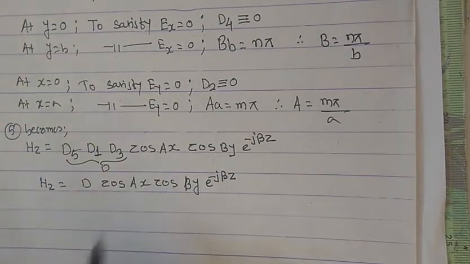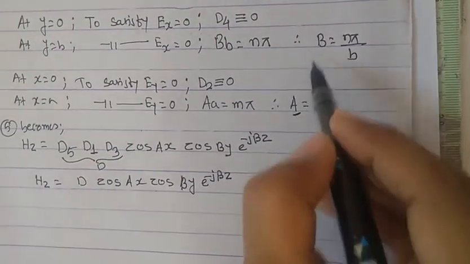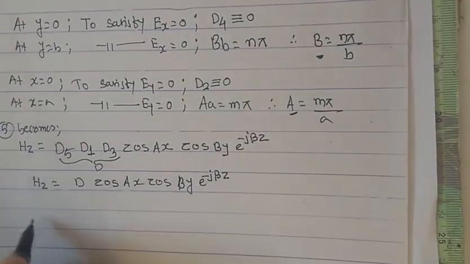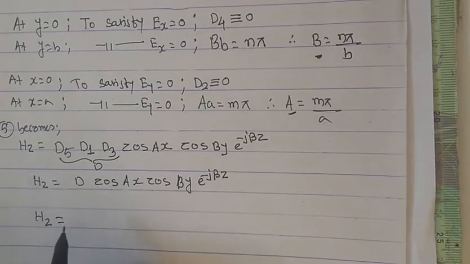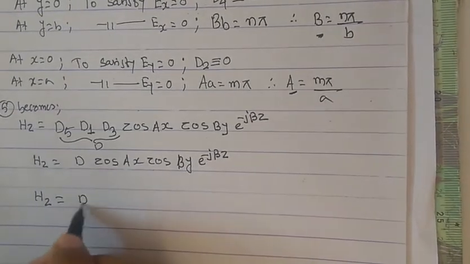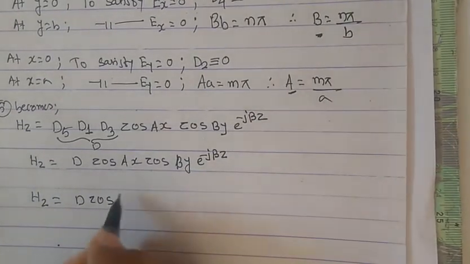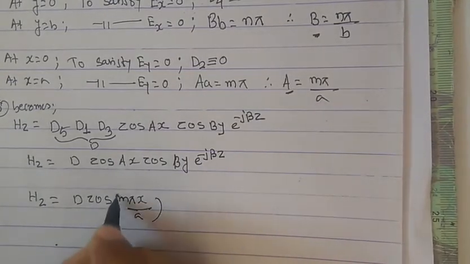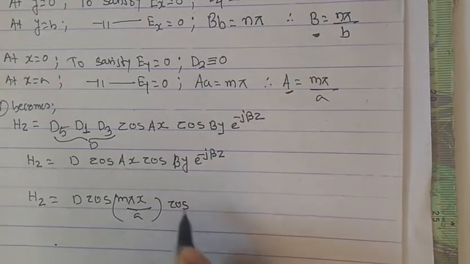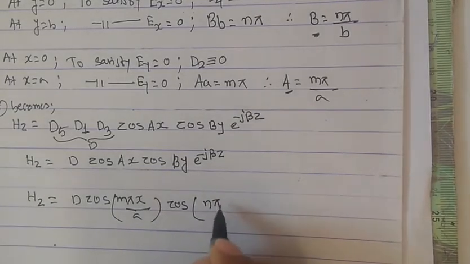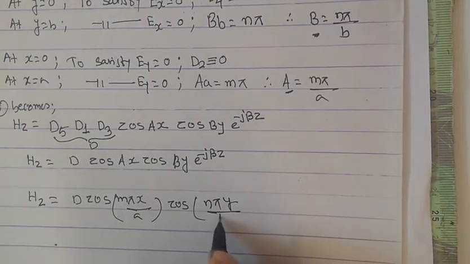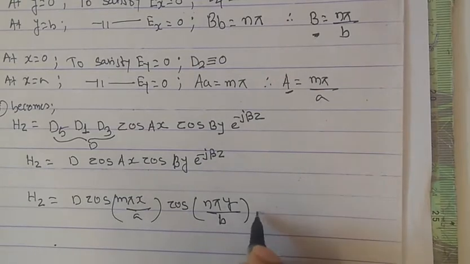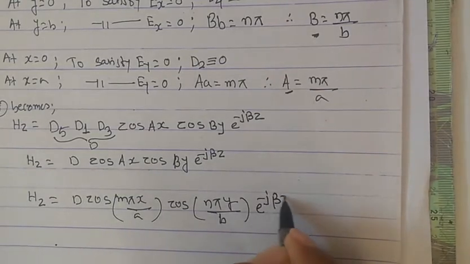And you know the constants a and b, so use them. So finally Hz will be d cos m pi x by a cos n pi y by b e raised to minus j beta z, equation 6.